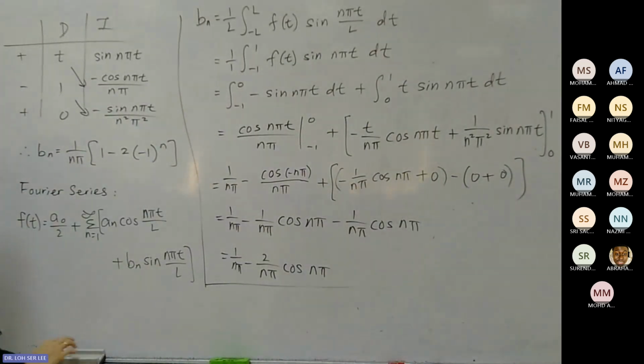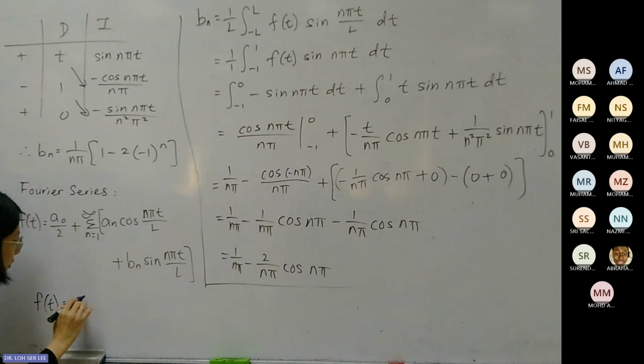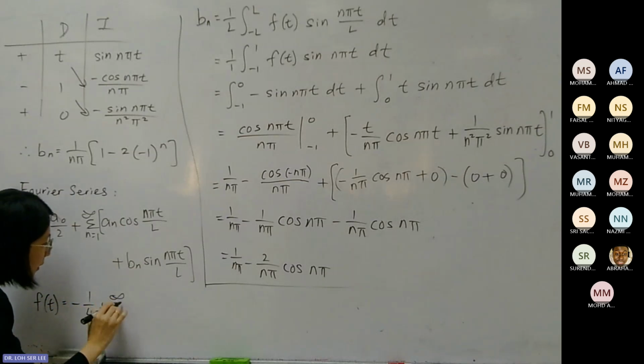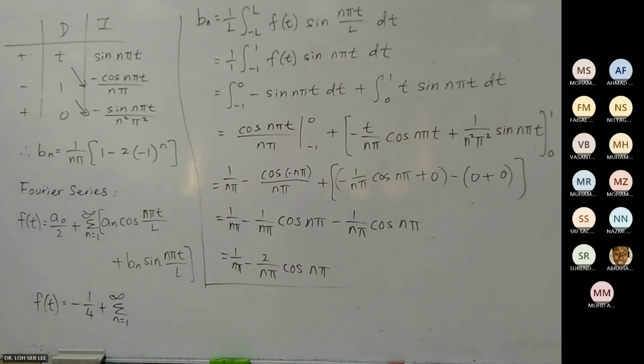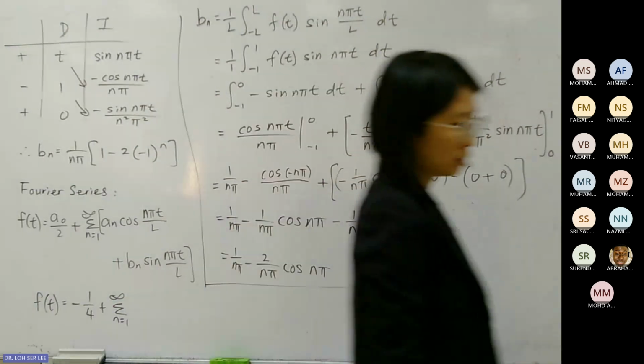Now, A naught is negative half. Negative half divided by 2, negative 1 over 4. Your An just now.